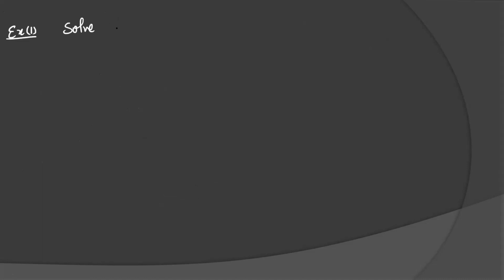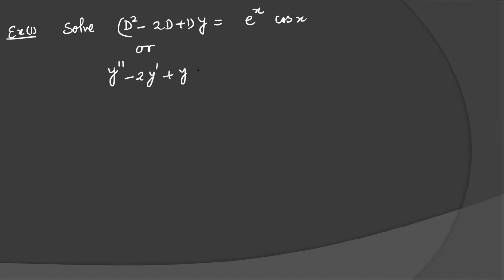Let's see one example based on it. Solve (D squared minus 2D plus 1) y equal to e to the power x into cos x. This question is also asked in this manner: y double dash minus 2y dash plus y equal to e to the power x cos x.